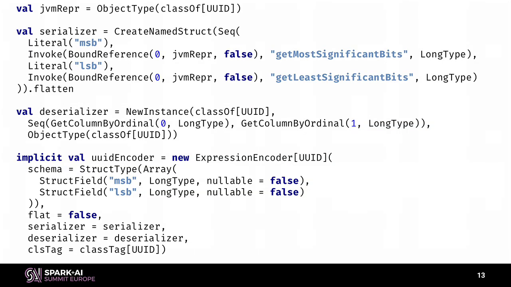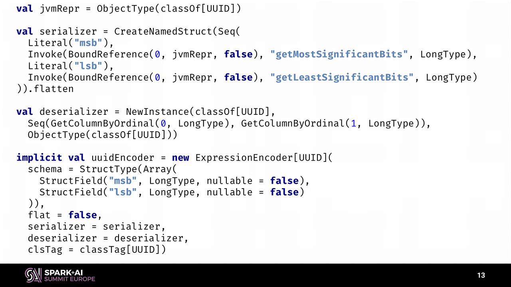Here is an encoder. This does not show the imports that are required from the internal Catalyst APIs, but it shows that you will have this expression encoder, that you define the schema of it. This is how the SQL looks like. You can see that this is a struct of two longs, most significant bit and least significant byte.